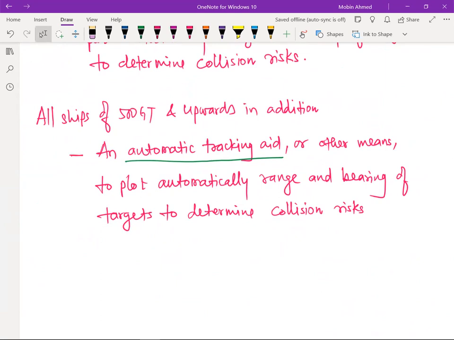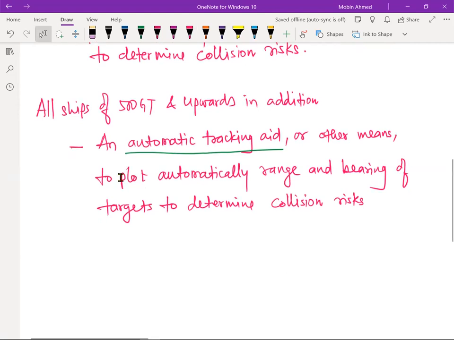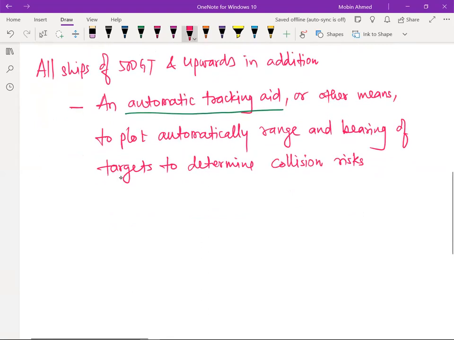Now, second, it is saying that all ships, that is again regulation 19, but the paras 2.7.1, 2.7.2, and 2.8.1.